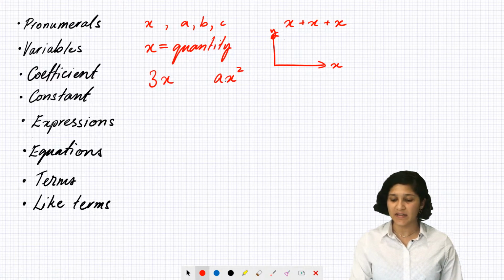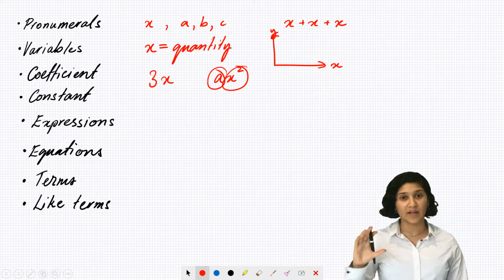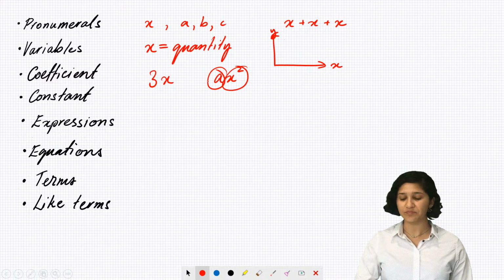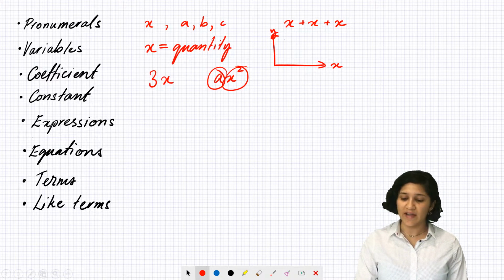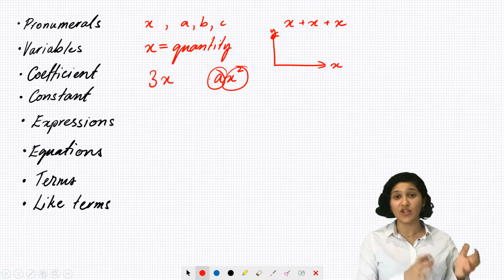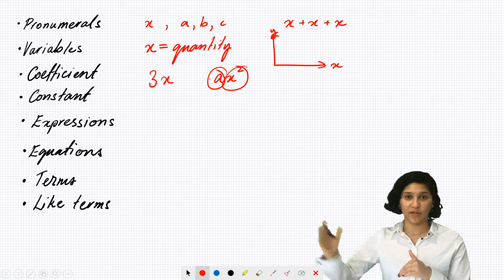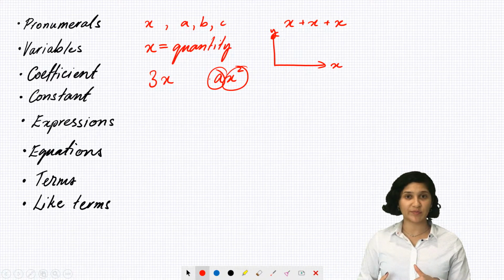In that case, the a is my coefficient, and the x squared is my variable term. So a in this context is understood as a number that doesn't change. It's just a particular value, whereas x is a variable that can represent a range of values.